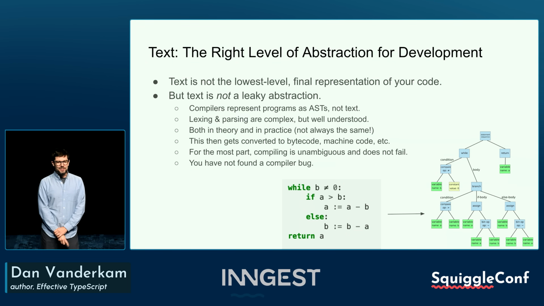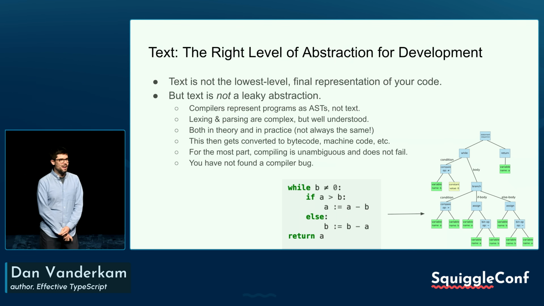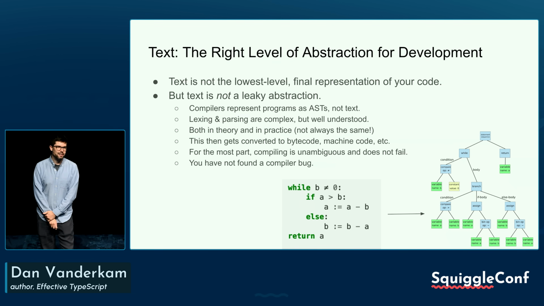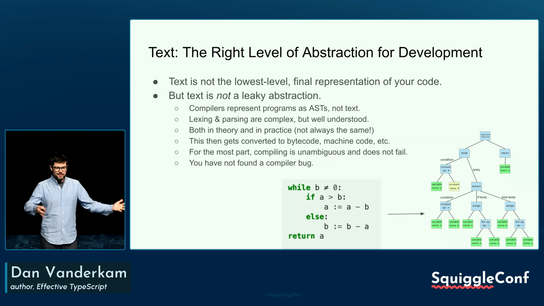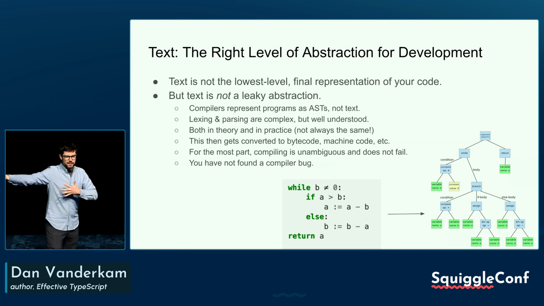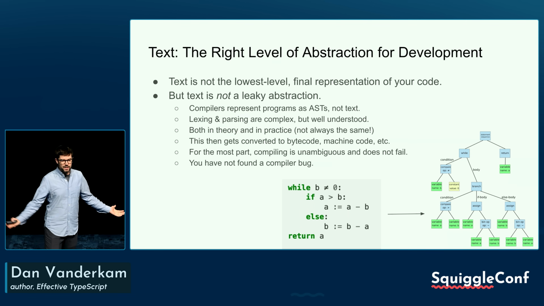So, it's worth saying that text is not the final representation of your program, right? It goes through a lot of transformations from text before it finally gets executed. Your text gets converted into a syntax tree, and then it gets compiled down to either bytecode or machine code, or just interpreted.